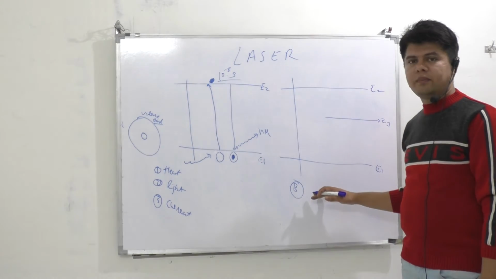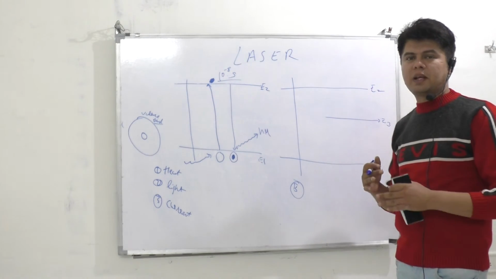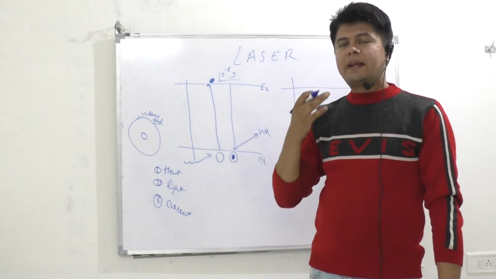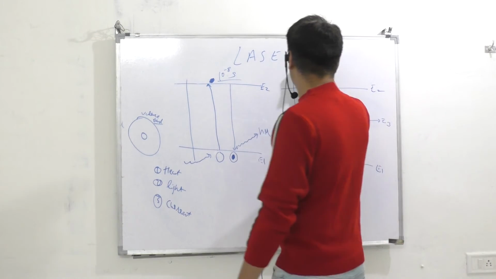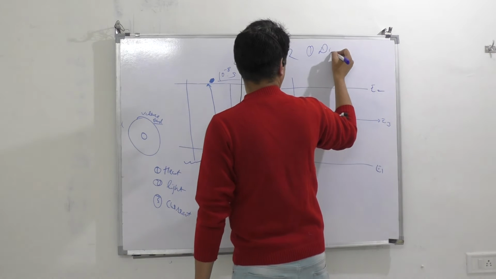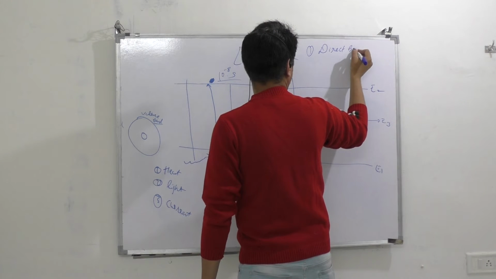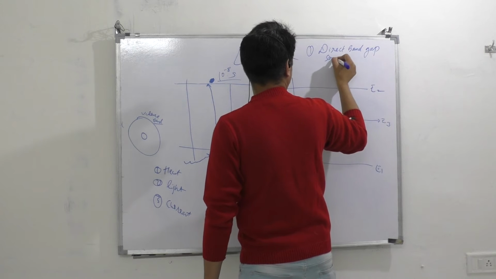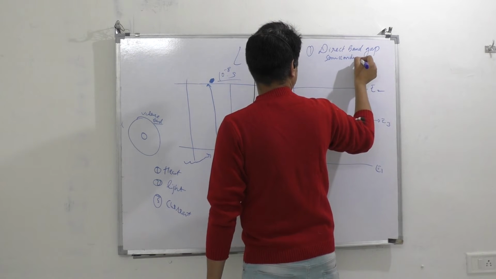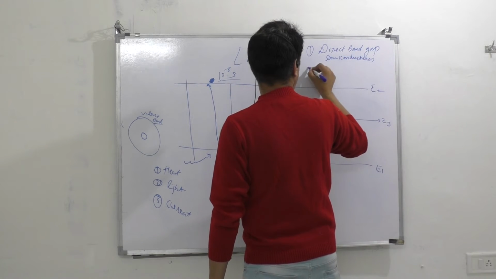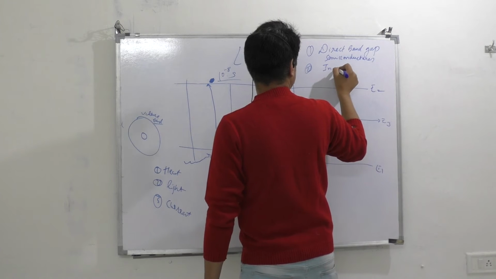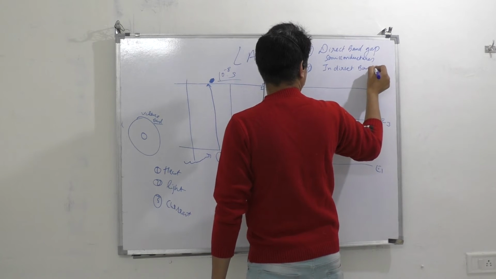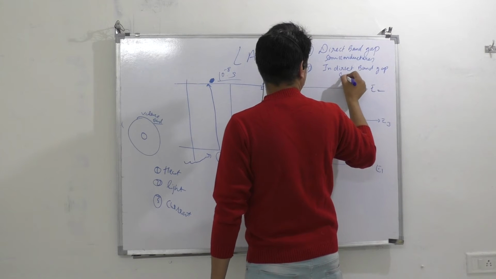Now, in this diagram, where a stimulated emission will take place, there is a basic difference between direct band gap semiconductors and indirect band gap semiconductors.